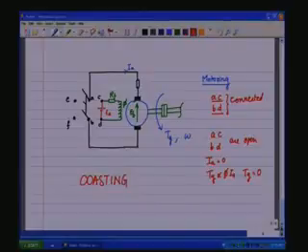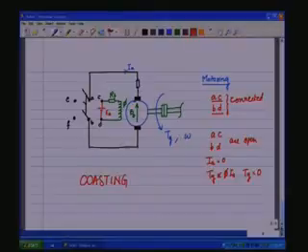In the coasting mode, we are not doing anything, there is no extra circuitry, we are just opening the armature such that IA is 0, the generated torque is 0 and it will gradually come to 0.